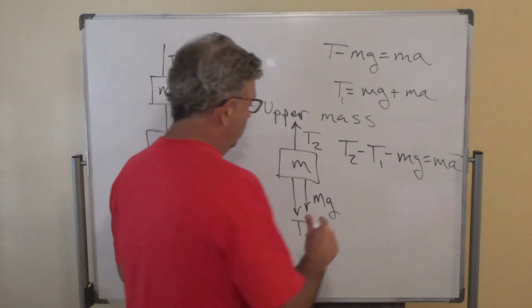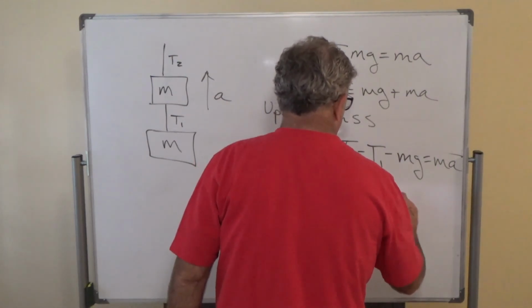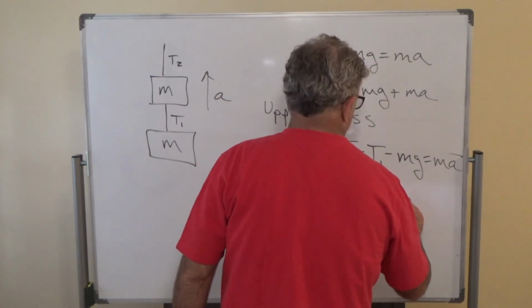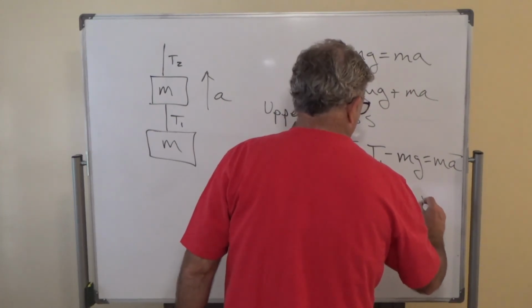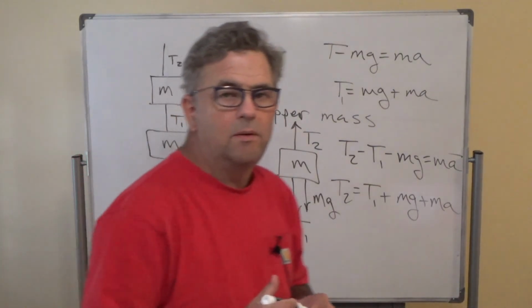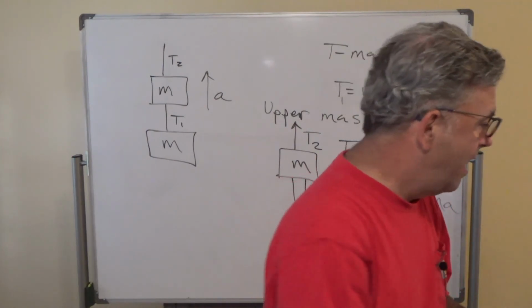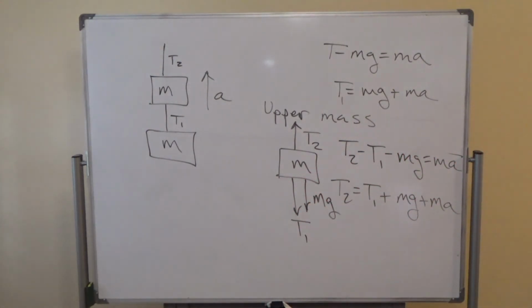So T2 is equal to T1 plus mg plus ma. That's how you would calculate the tension in that upper cable. I guess I got them backwards. They called that upper one T1, sorry. Because you know the mass and you know the acceleration.